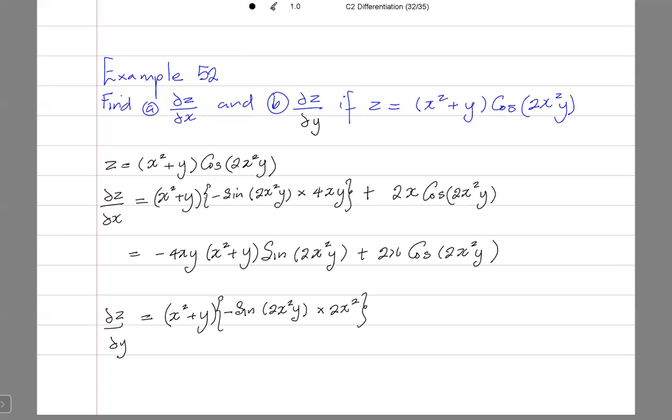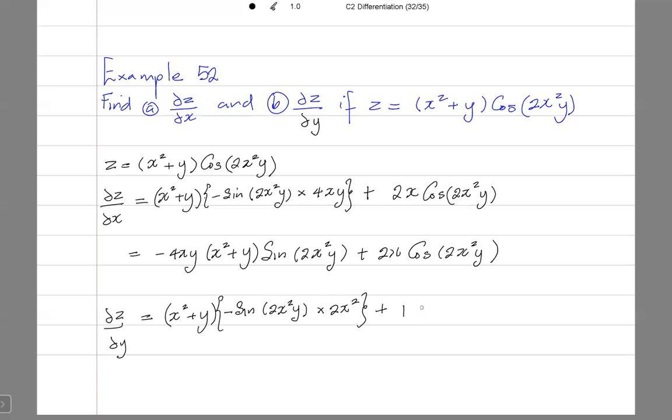So leave the first, differentiate the second. Now I'm going to differentiate the first. If you partially differentiate x squared plus y with respect to y, you're going to get 1, because remember, you're going to treat x as a constant. So it's differentiate the first and leave the second.